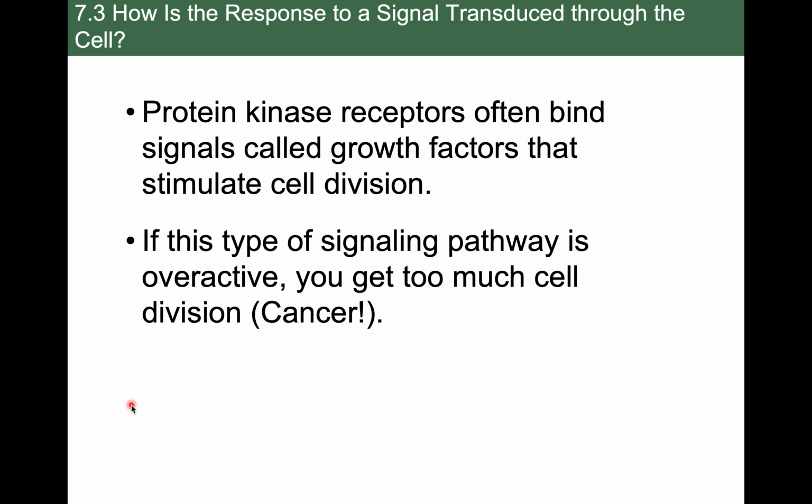And as I mentioned in the introduction, in particular with this type of protein kinase receptor pathway that leads to cell division, if something becomes overactive, you end up with too much cell division and a tumor and potentially even cancer. So as I said before, a lot of what we understand about these pathways is because of our desire to better understand cancer.